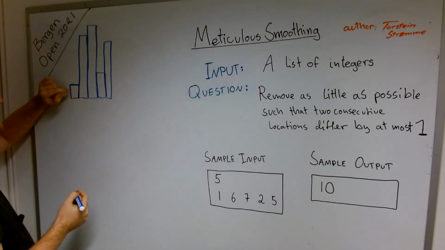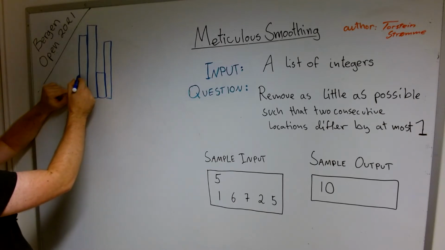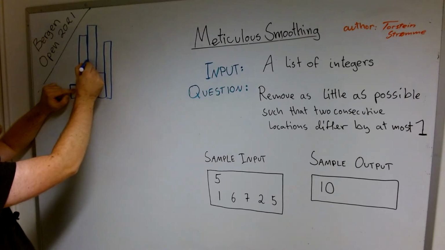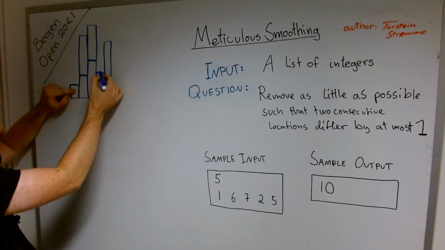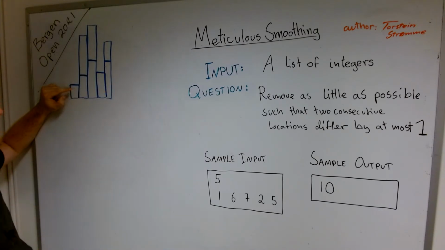So because I can't add things, this one is imposing a constraint on its neighbor here, namely that it can't be taller than 2. And this propagates, so the next one here, it can't be taller than 3. And then we have a height 2 again, and the next one can't be taller than 3.